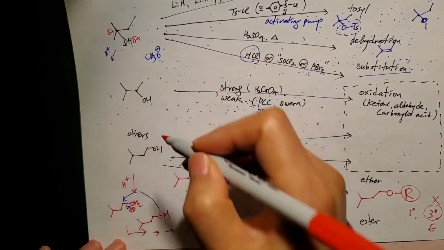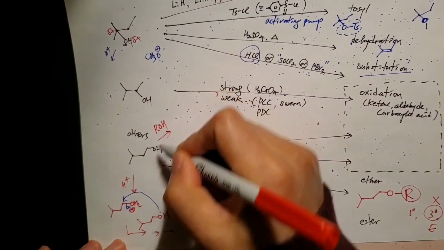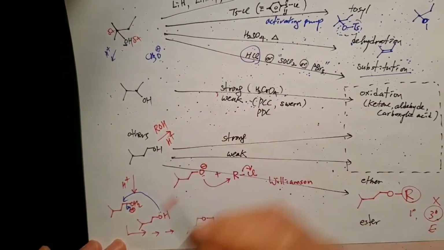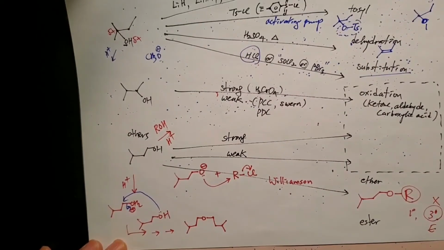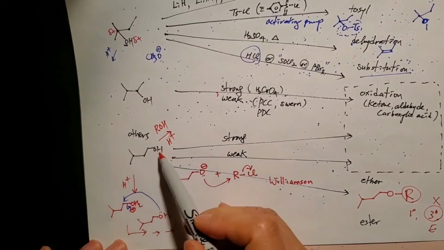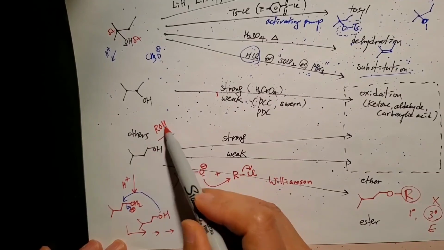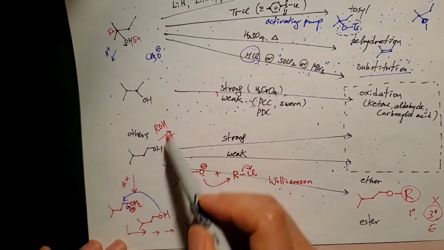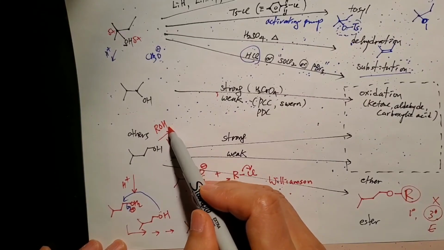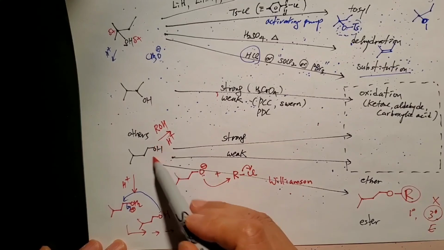That's because if you attempt to react the simple alcohol and this in the acidic condition, then you can come up with 3 or 4 products. Such as this becomes a good leaving group and that attacks, or that becomes a good leaving group and this attacks, or this becomes a good leaving group with the acid and the same guy attacks, and this becomes a leaving group and the other guy attacks.